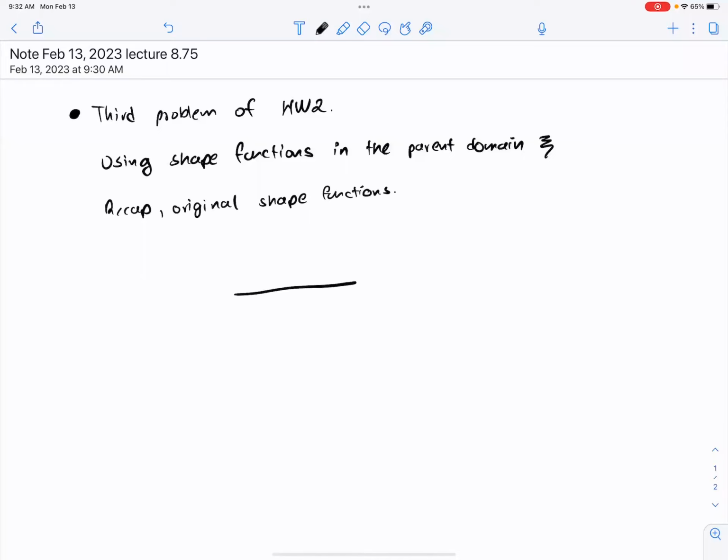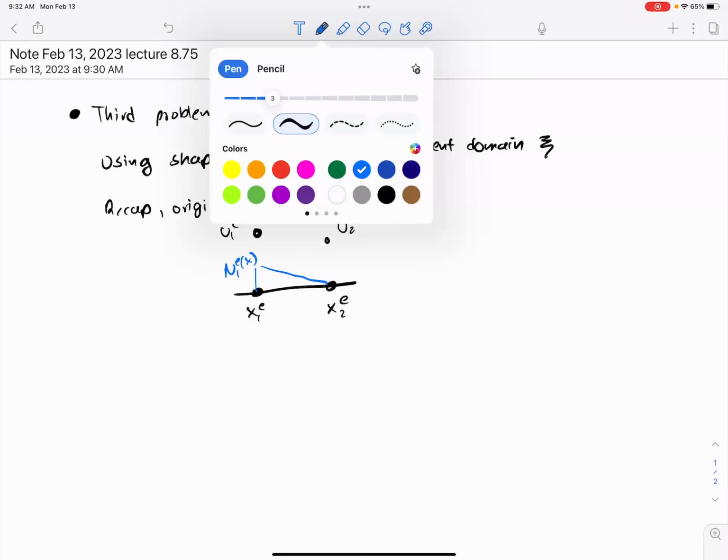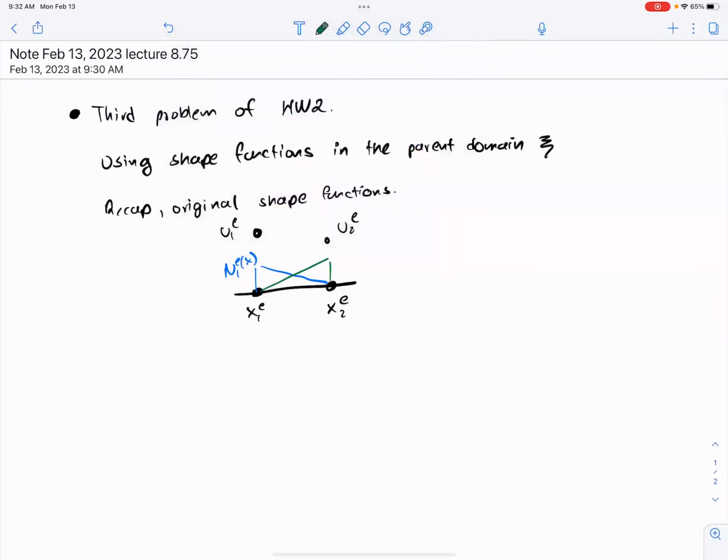I had an element, and this could be a quadratic element, a linear element, it doesn't matter. So we had x1e, x2e, right? And then we had maybe some value u1e, u2e, and then we had the shape functions, N1e of x and another shape function N2e of x.